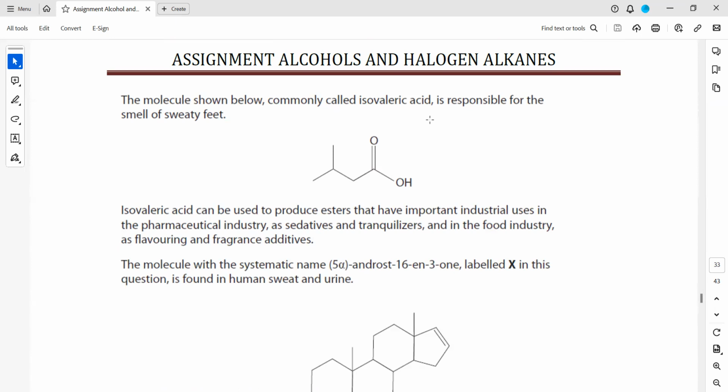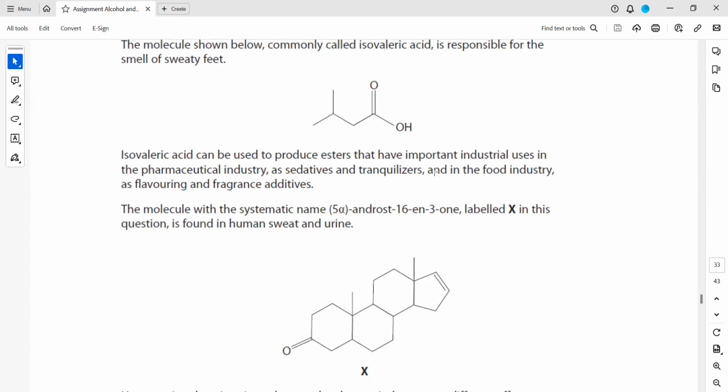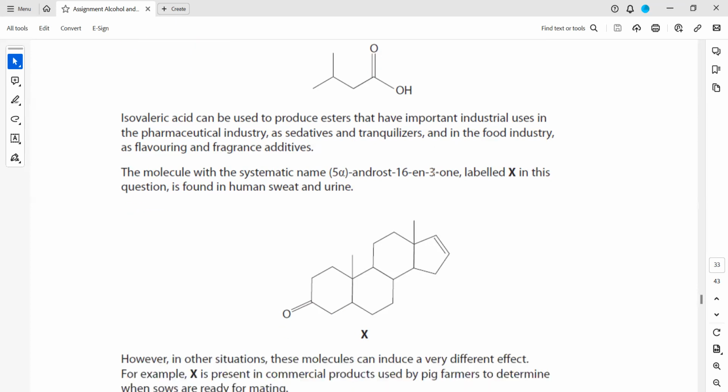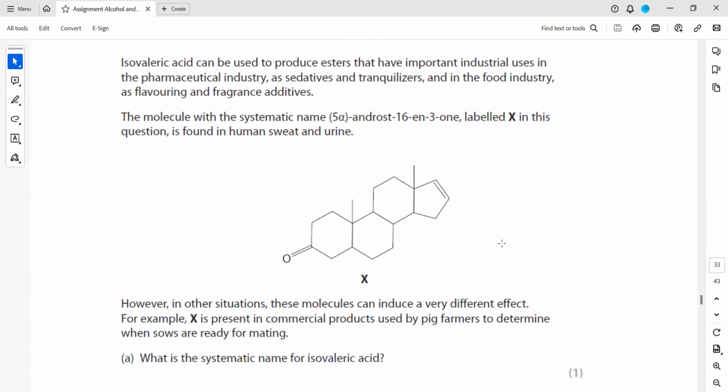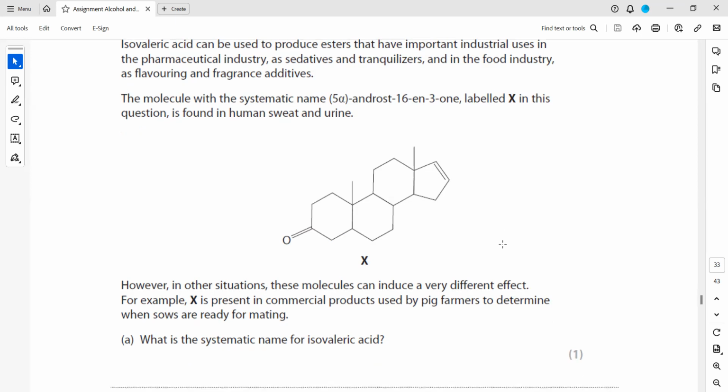This compound can be used to produce esters that have important industrial uses in the pharmaceutical industry as sedatives or tranquilizers, and in the food industry as flavoring or fragrance additives. The molecule with the systematic name 5-alpha-androst-16-en-3-one, labelled X in this question, was found in human sweat and urine.